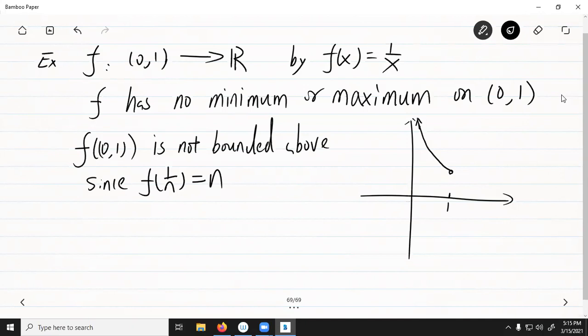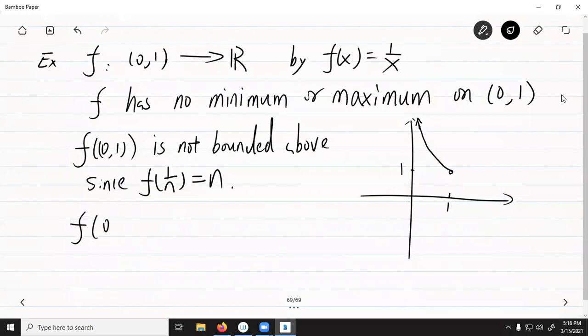When n is increasing, the f values will blow out to infinity. So this has no upper bound. But it's bounded below by 1. The f values are bounded below.